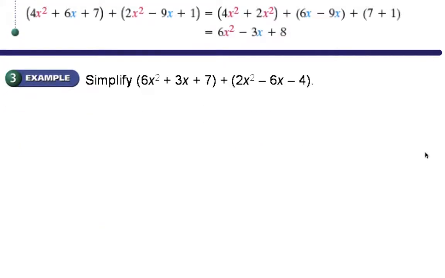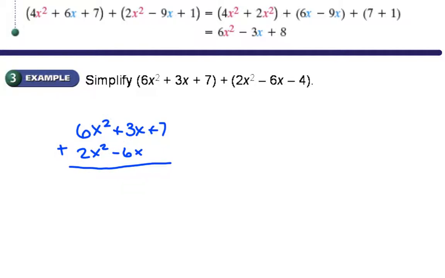All right, so we've got 6x squared plus 3x plus 7. And that's degree 2, 1, 0, so we know it's in standard form, plus, so that's not going to change anything, 2x squared minus 6x, and then minus 4.